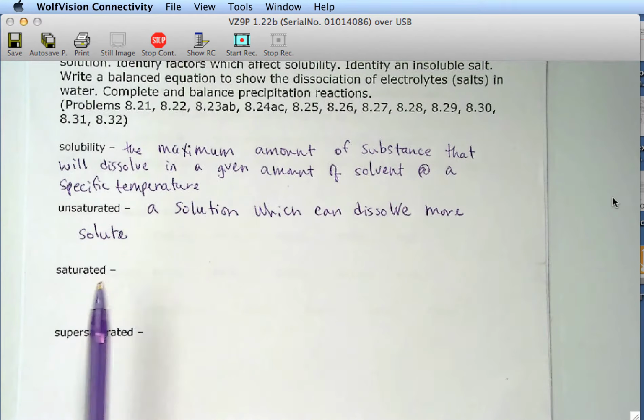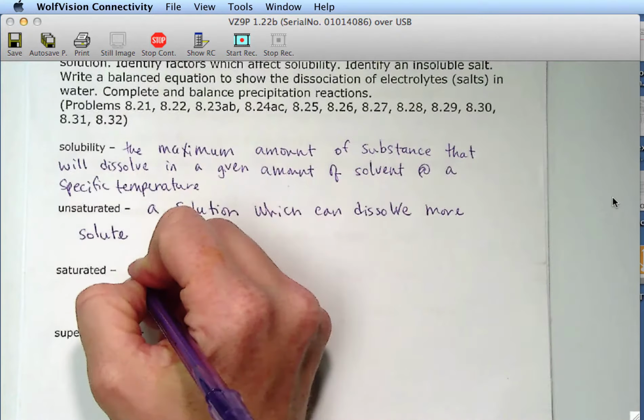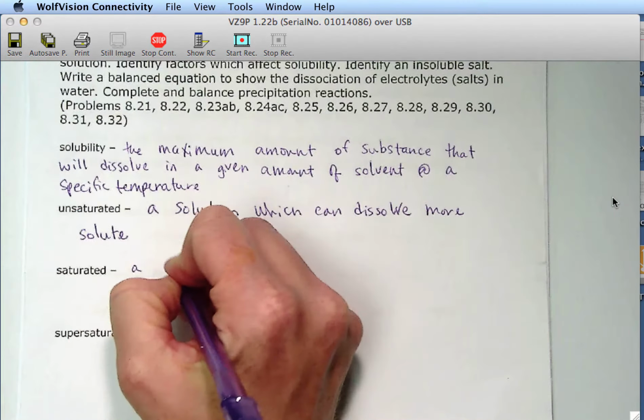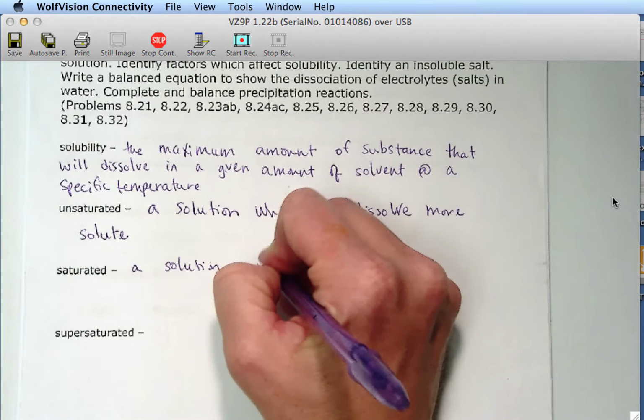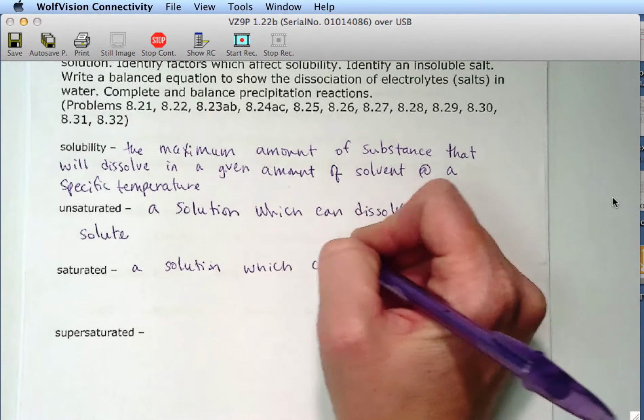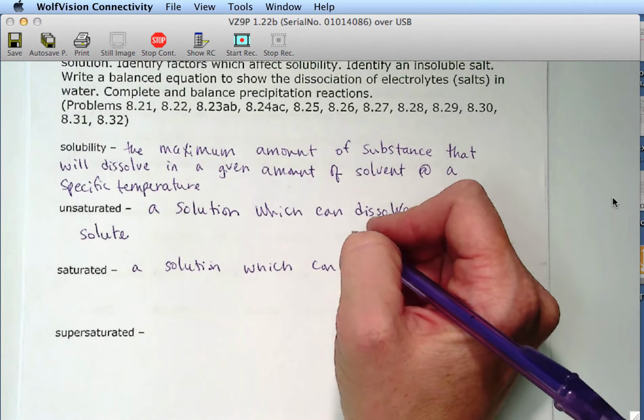Now, saturated. This is a solution which contains the maximum amount of solute that is able to dissolve.